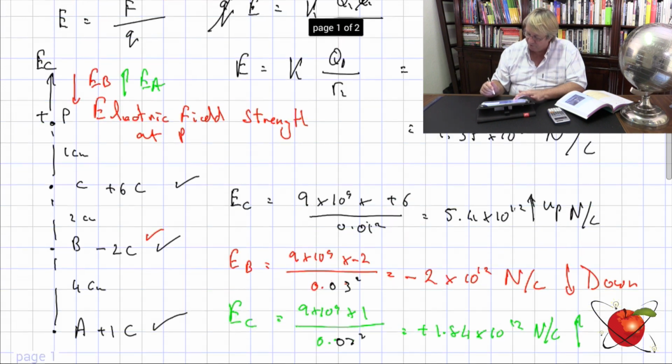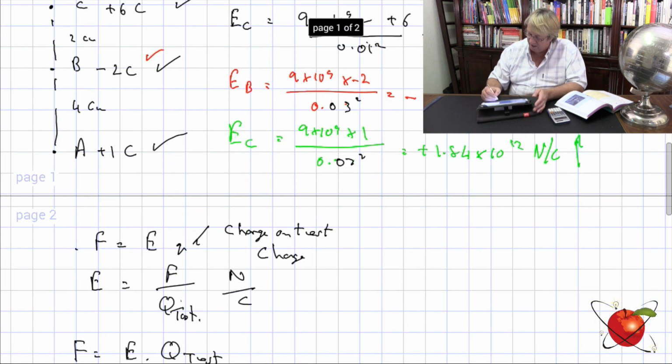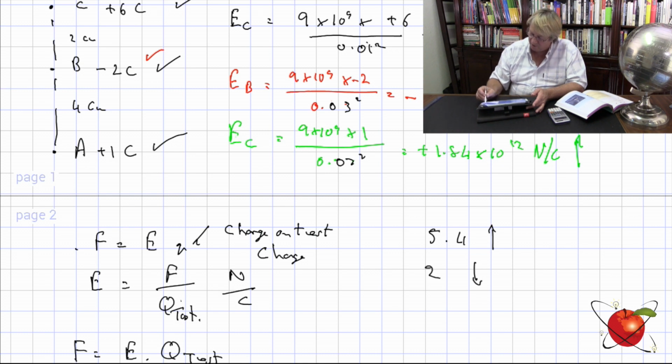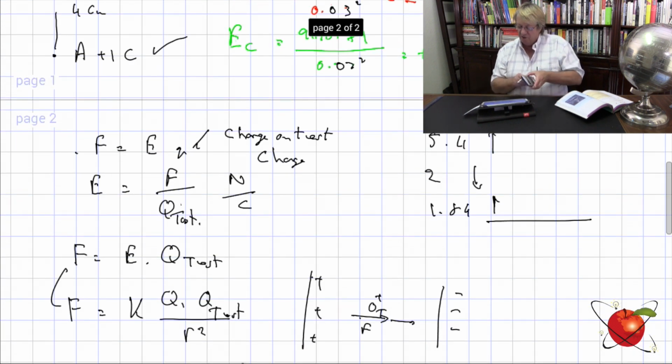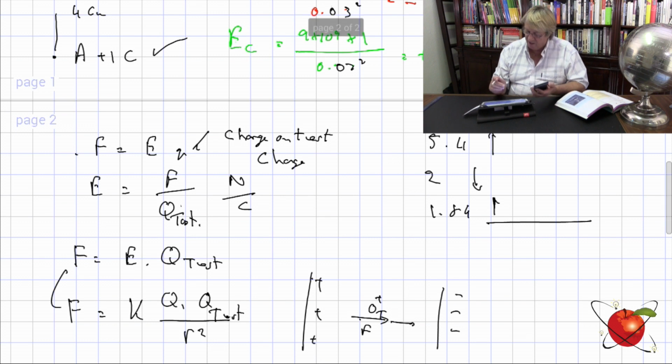We've got 5.4 minus 2, so we've got 5.4 up, 2 down, and the last one was 1.84 up. What's the net of those lot? It's quite straightforward. We're just going to use the sign and subtract. That one we're going to be subtracting, aren't we?